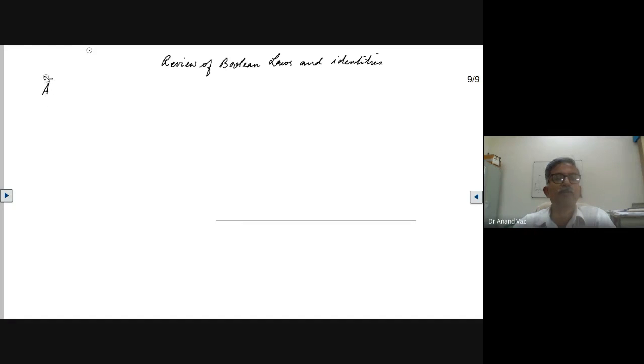And if you further complement it, you will have NOT of NOT A, which is equal to A itself. So this is when you are inverting A twice. So this was for the NOT logic.